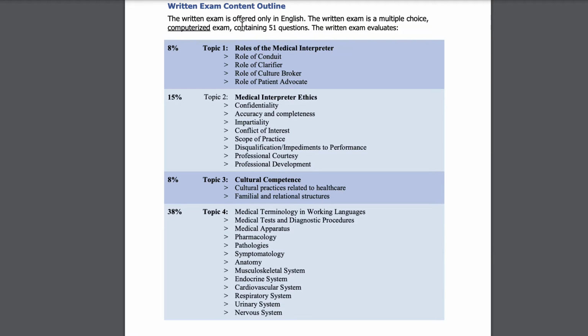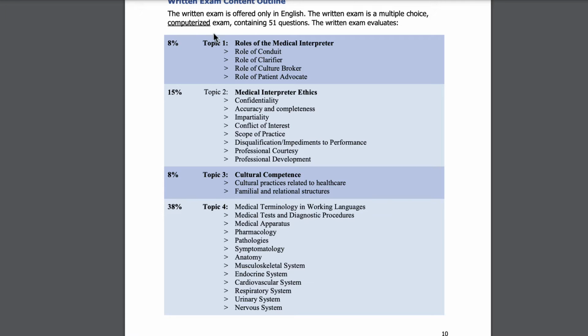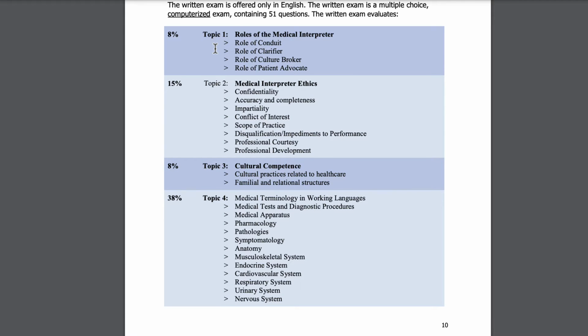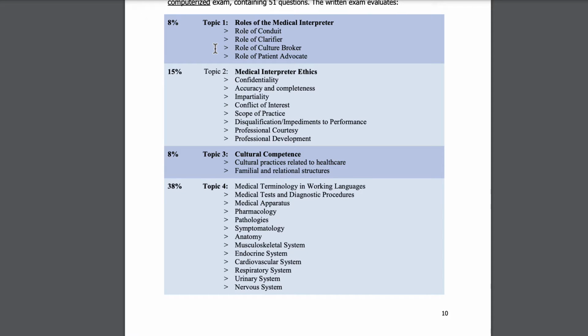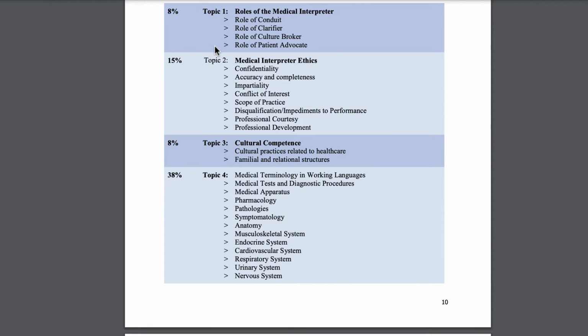And it is a fully 100% computerized exam, and it has around 51 questions. I can't remember how many questions exactly there were, but it says 51, so I believe it would be 51. And then it just lists out what types of questions you can expect on the exam. And I think you should just give it a good read.